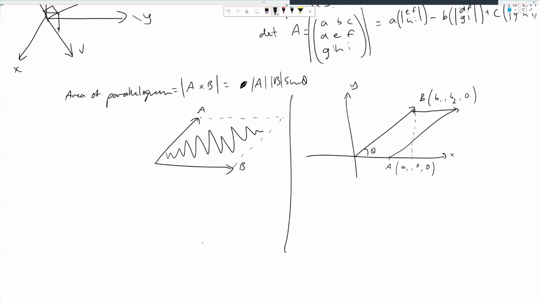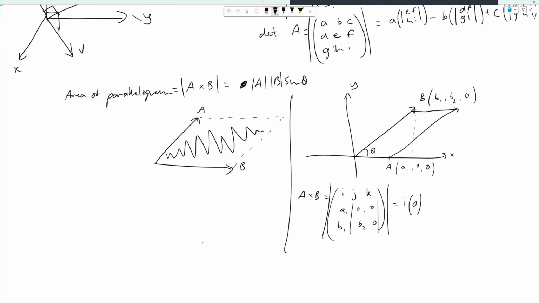So let's solve for the cross product of a and b. A cross b is equal to the determinant with i, j, k, then a is a1, 0, 0, and b is b1, b2, and 0. Sorry, I should do it in order. That should be a determinant. If we remember our cross product formula, we have i, and we find the determinant of this: 0 times 0 minus 0, which is 0.